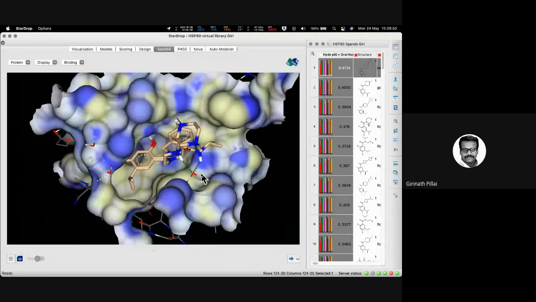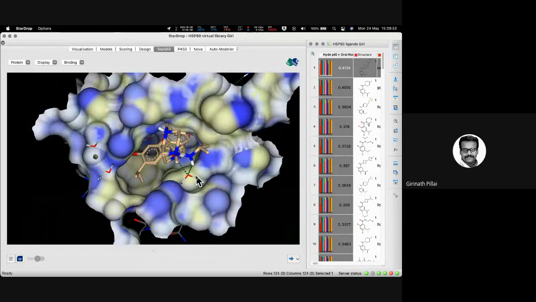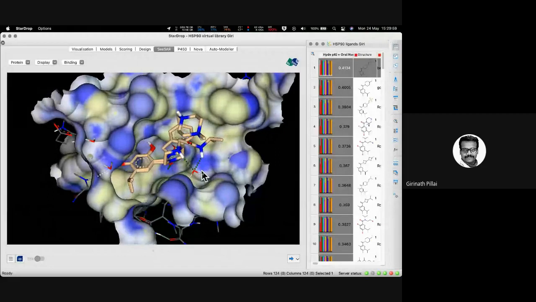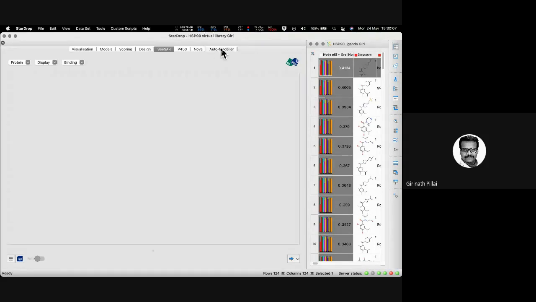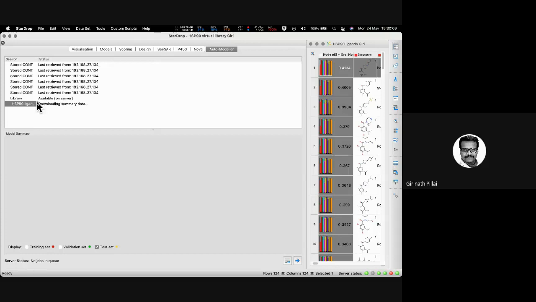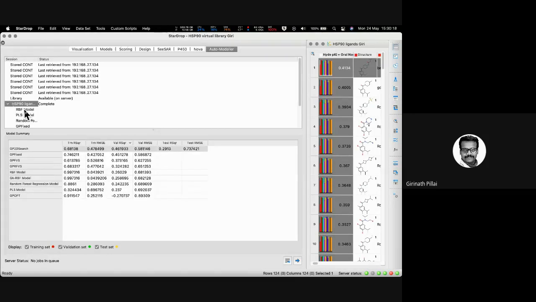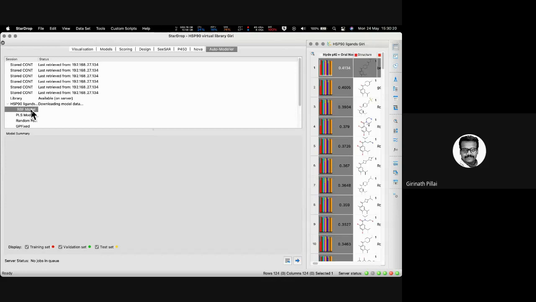So then we make those modifications and then try to dock again. And after docking, we have to find out if the affinity has increased or if there is any enrichment when compared to the existing standard molecule. And that's how we make it. And if you're asking me about QSAR, these are the QSAR data. We can always look at each of these data and their correlations.